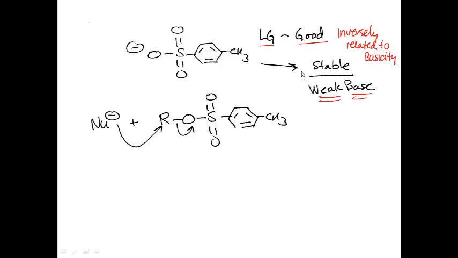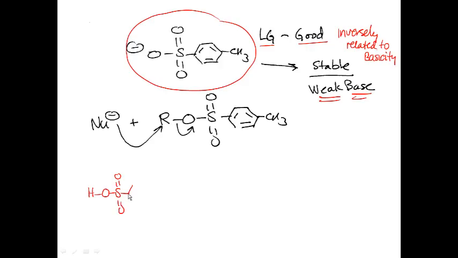You come down here and say, well, why is this a really weak base? Well, you might say because its conjugate acid is very strong. So this is a very strong acid, and this correspondingly would be a very weak base.